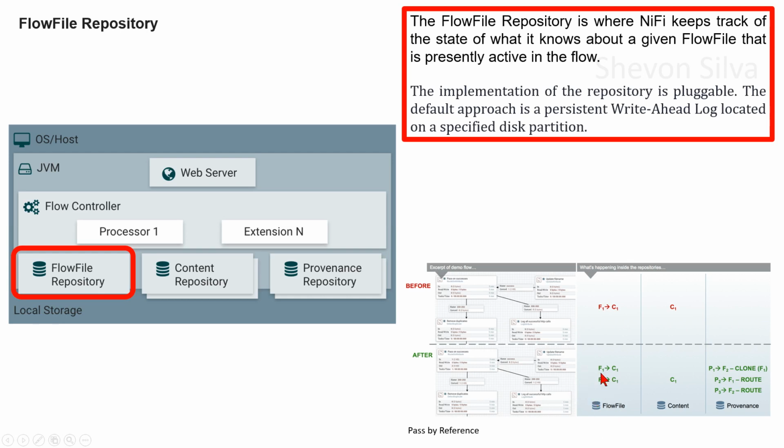Here in the FlowFile repository F1 is pointing to C1, and F2 is pointing to C1 here, and in the content repository you can see C1 here. And in provenance, in clone P1 is pointing to F2, and in route P2 is pointing to F1, and in route P3 is pointing to F2.